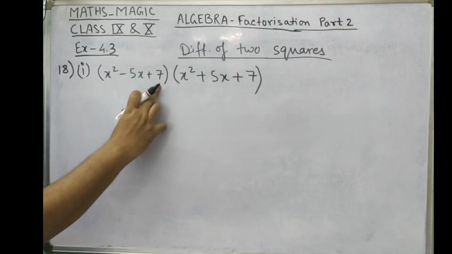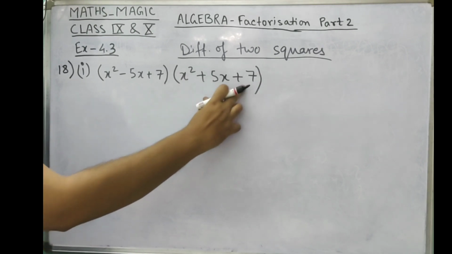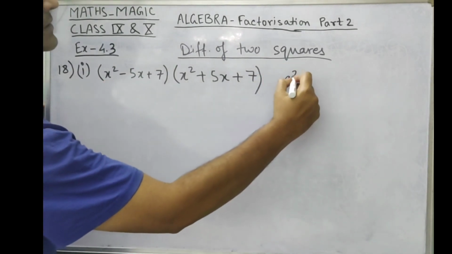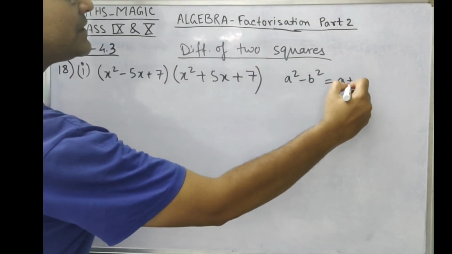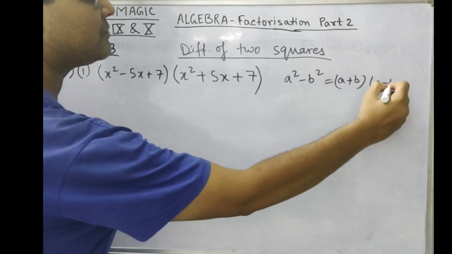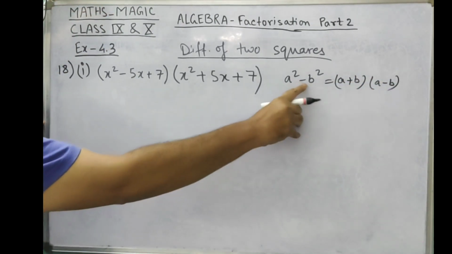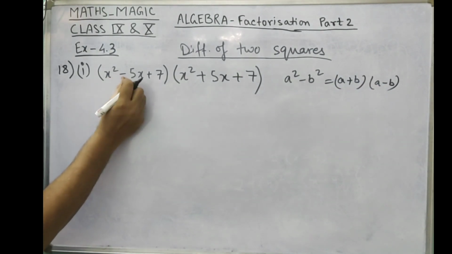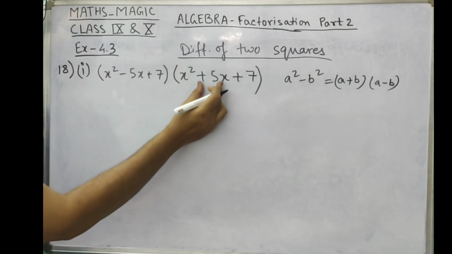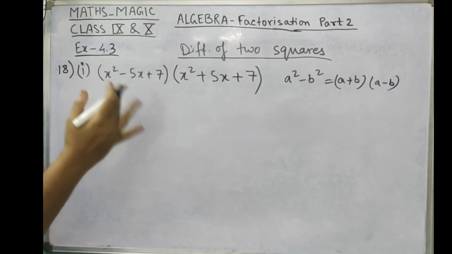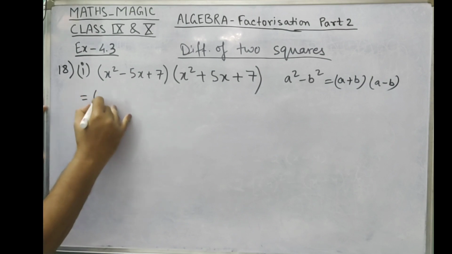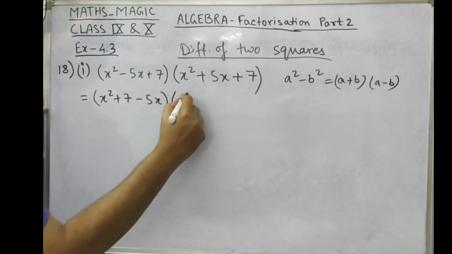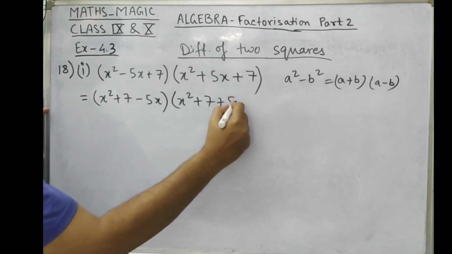According to the formula, a square minus b square, a plus b, a minus b. Now here minus is here, minus 5x, minus is not here. So this just looks like a plus b, a plus 7 once we arrange them. So x square plus 7 minus 5x, x square plus 7 plus 5x.